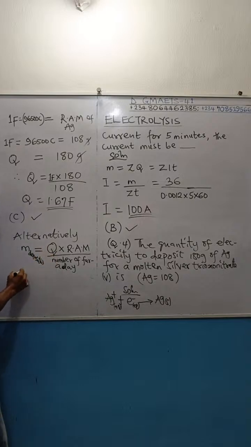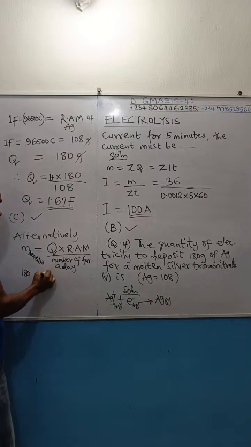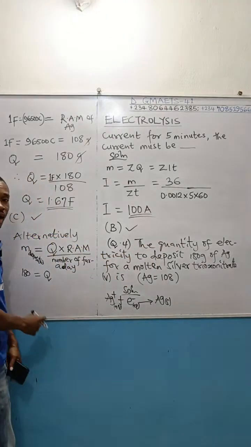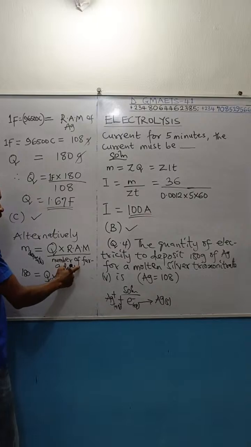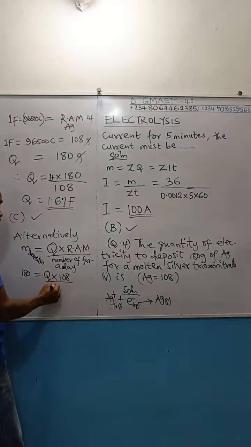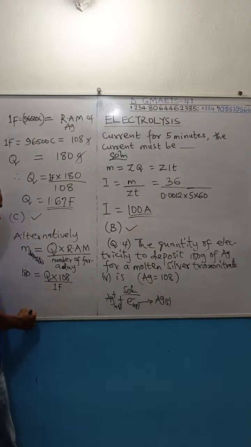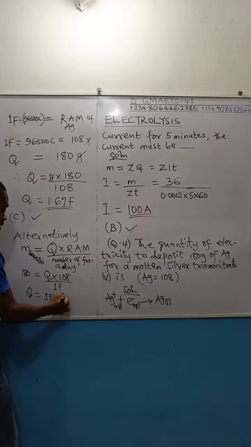So I could just do mass deposited, which from the question is 180, equal to the quantity of electricity required, which we don't know, and based on the option we are meant to solve in terms of Faraday, times relative atomic mass of silver, which is 108, divided by number of Faraday. For silver, you need 1 Faraday. Then from here, you cross multiply and divide by 108. So quantity of electricity will give us 1 Faraday times 180 and then divided by 108.